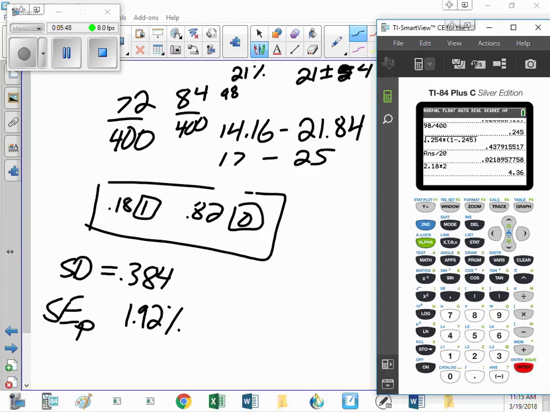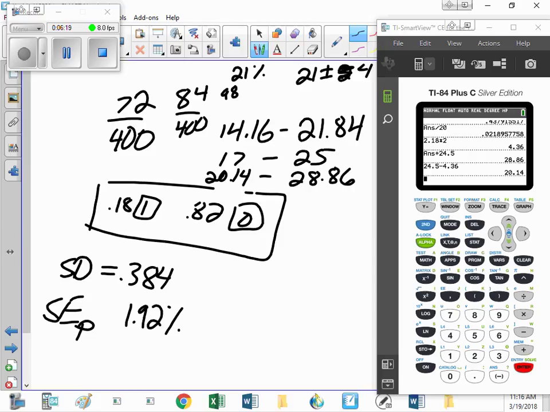I'm going to add that to 24.5. And I get an upper end of 28.86 and 24.5 minus, oh my goodness, I'll get it. You just wait. 24.5 minus 4.36 gives me a lower end of 20.14. So I have 3 different confidence intervals.